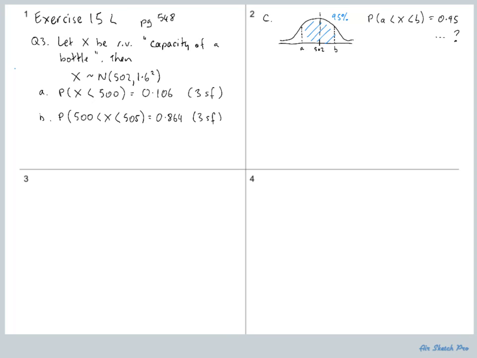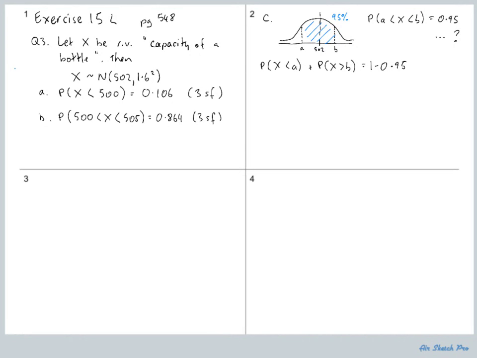I've got the probability of A... start that again. The probability of X less than A plus the probability of X bigger than B, given they're symmetrical, or not even given they're symmetrical actually, must be 1 minus 0.95.